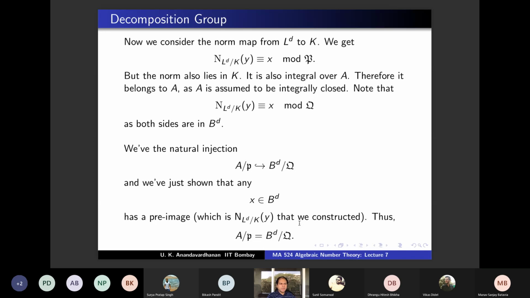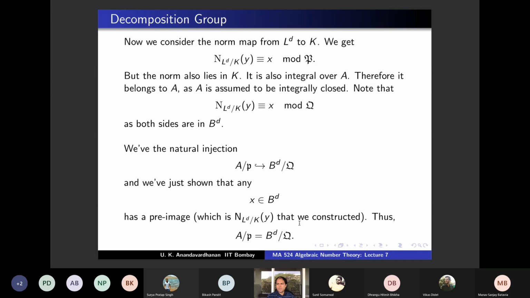And then I stated a result which we will prove later, that there's a natural action on D/P over A/p. So you get a map from the decomposition group to the Galois group of this residue field extension. And I said that we will prove later that it's surjective. Its kernel is called the inertia group. And then we defined the decomposition field.